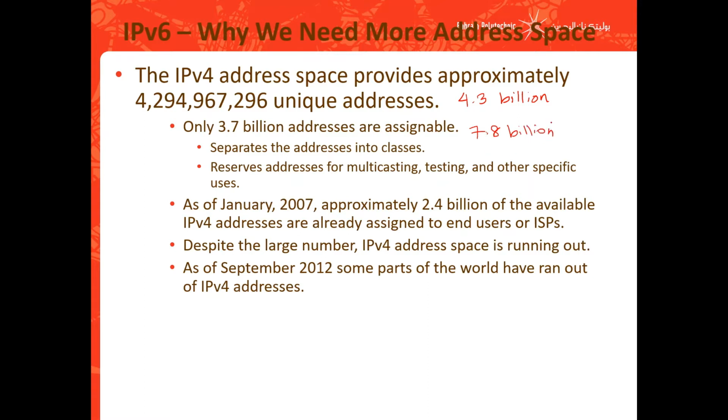So if all of these 7.8 billion people decided to join the networks, and they want to be online like everybody else, then we would eventually run out of IP addresses, because IPv4 only provides 4.3 billion addresses. So that was a very big limitation, let's say, to IPv4, and that is why IPv6 was introduced.